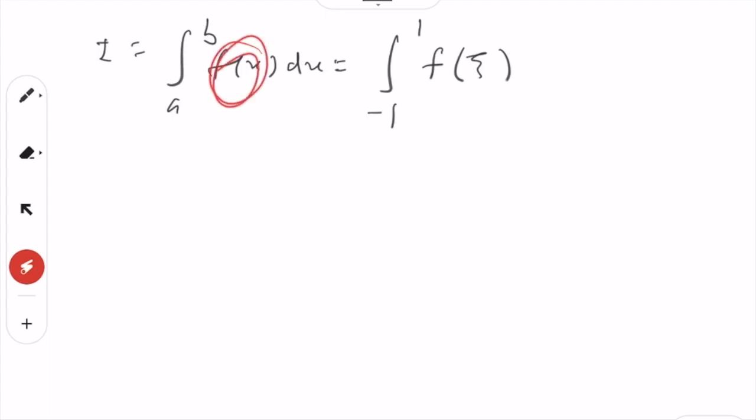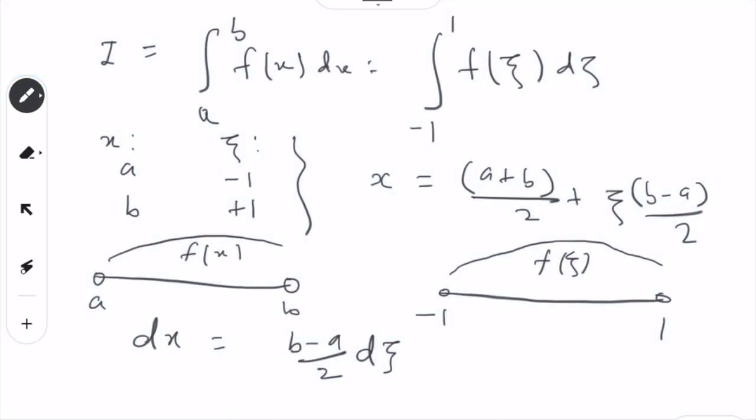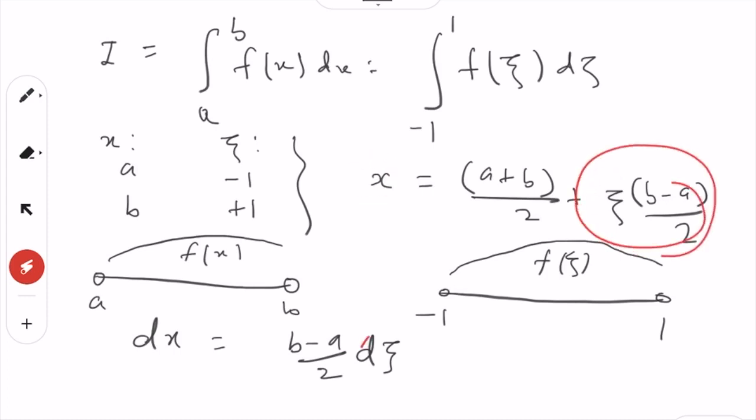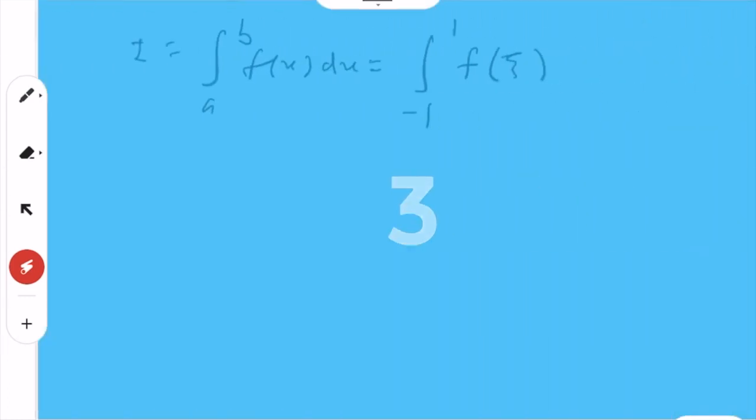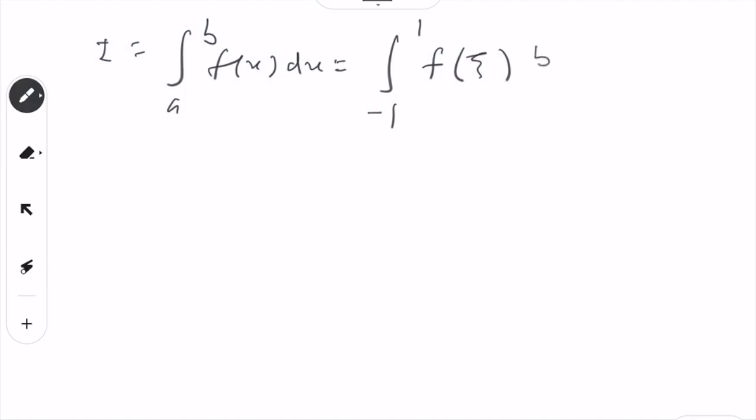Then you will automatically get this one. Then dx will be equal to d xi multiplied by this one, b minus a over 2, and then you get d xi.